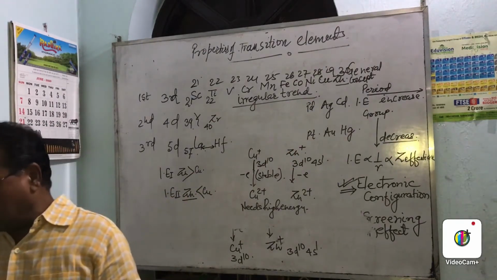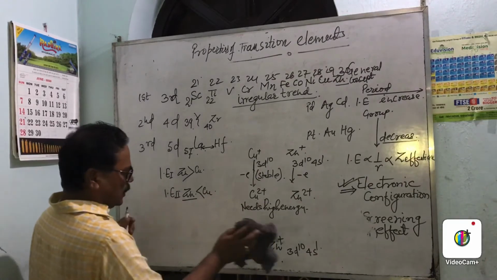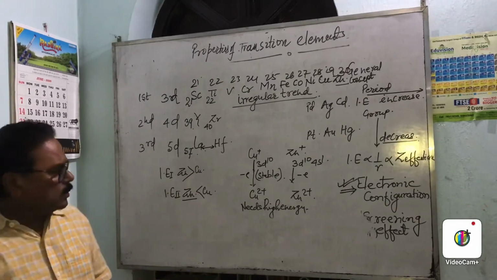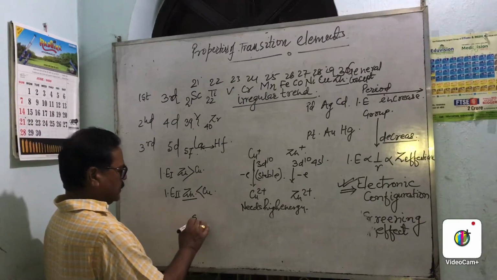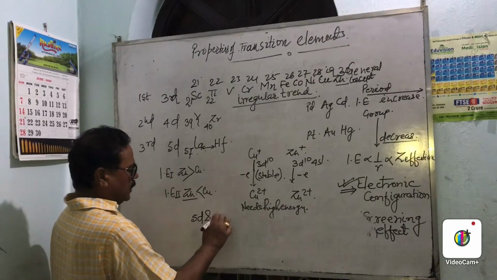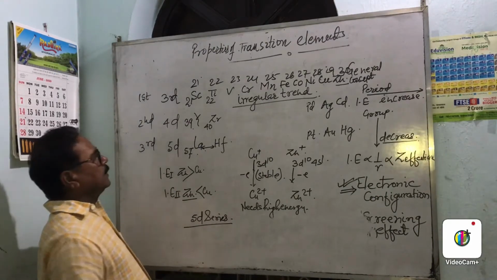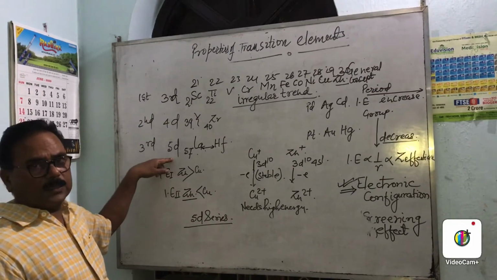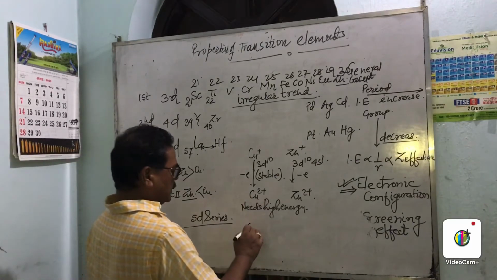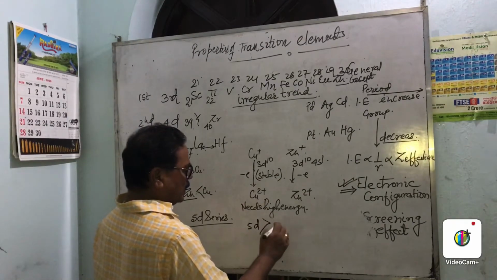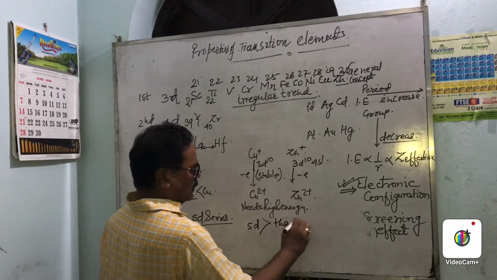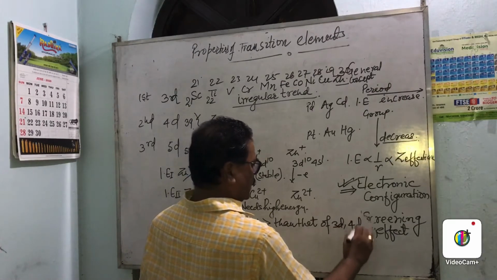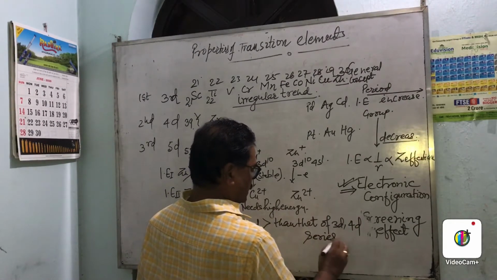If we talk about the 5d series, the third transition series, it has higher ionization energy than the 3d and 4d series.